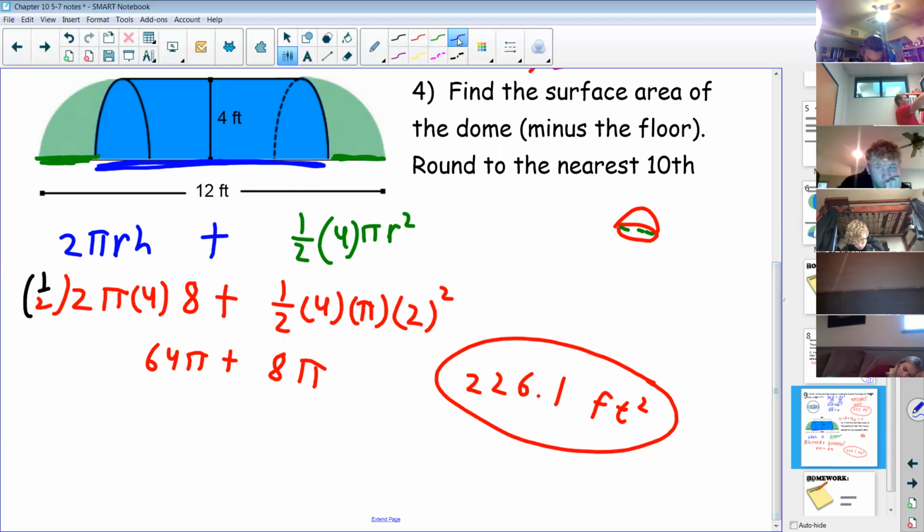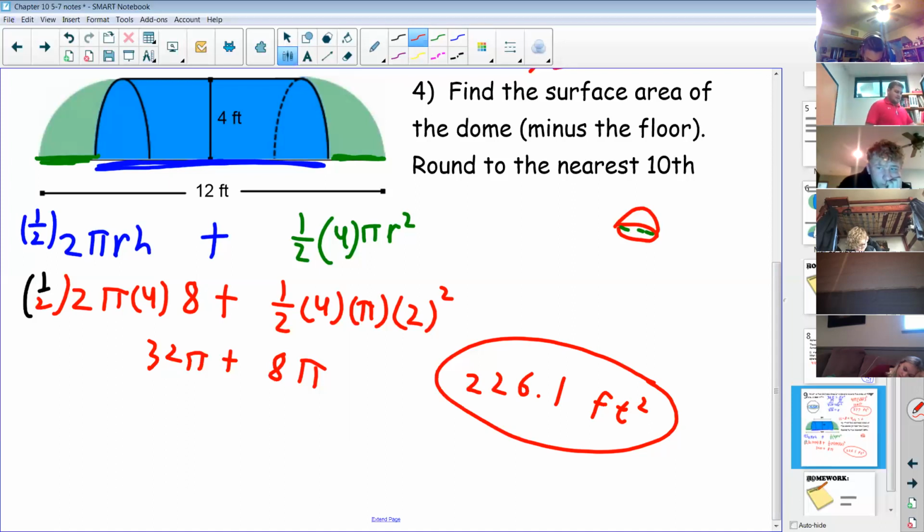First period's gonna get that wrong. So we should all have this divided by 2, which makes this 32. Which then makes my new answer 125.